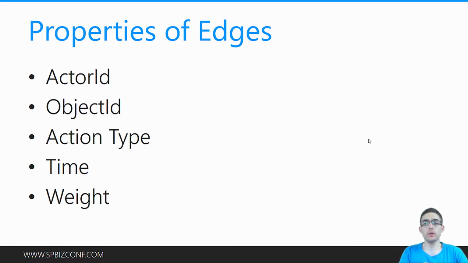Some properties we can find on edges are the actor ID, so which actor is concerned by this edge; the object ID, so which object is concerned by this edge; the action type, so is it viewed, is it modified by, is it other things like that; the time when the edge or signal happened; and the weight of an edge, because edges can be more or less important.